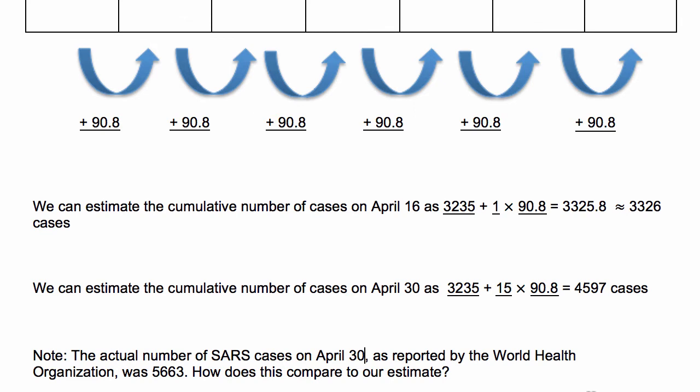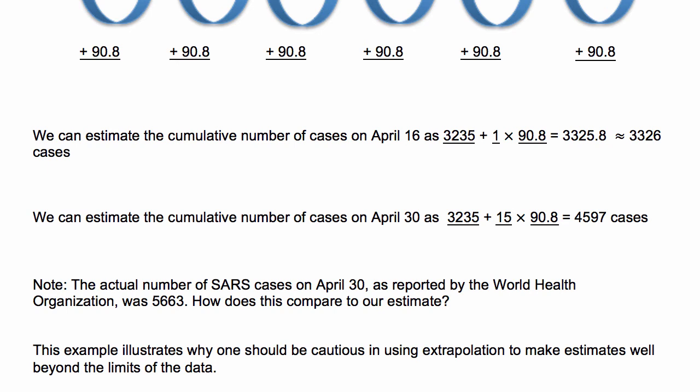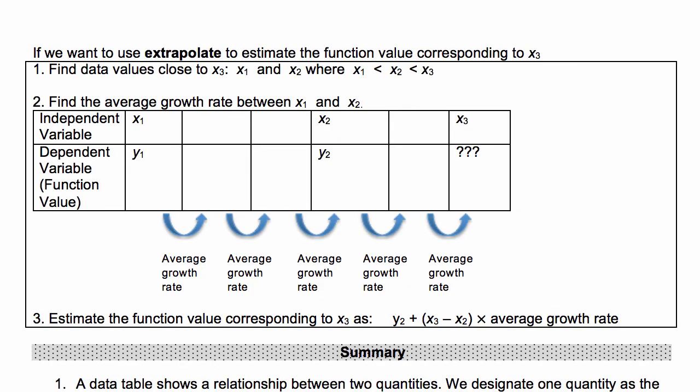This means the average growth rate per day from April 15th to April 30th was actually greater than 90.8 cases per day. This example illustrates why one should be cautious in using extrapolation to make estimates well beyond the limits of data. In the table below, we summarize the process of extrapolation.